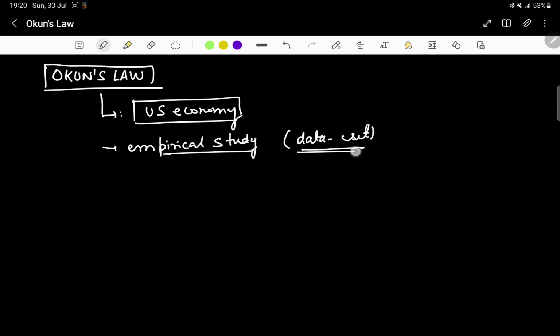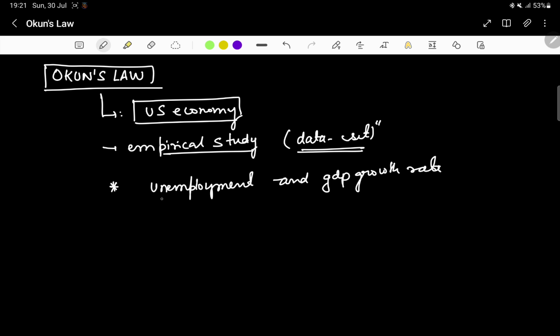It was not just a theory, but it was based on some empirical data for the US economy, and the data was regarding unemployment and GDP growth rate.